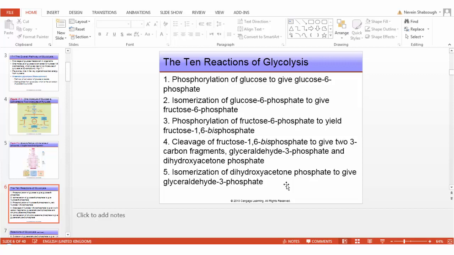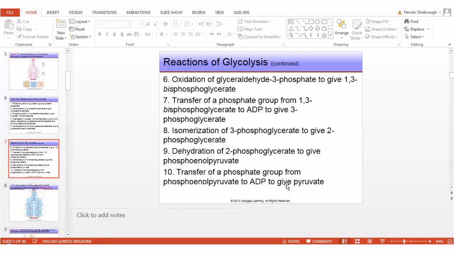This stage is important because now, instead of one, you have 2 glyceraldehyde phosphate molecules to continue with. Then, step 6, oxidation of glyceraldehyde phosphate to give 1,3-bisphosphoglycerate. This is the only oxidation reaction in glycolysis, where NAD+, as I said, is reduced to NADH, and NAD+ acts as the oxidizing agent.